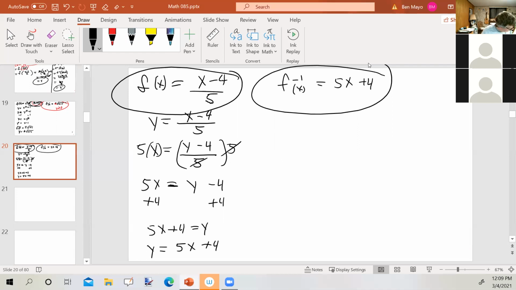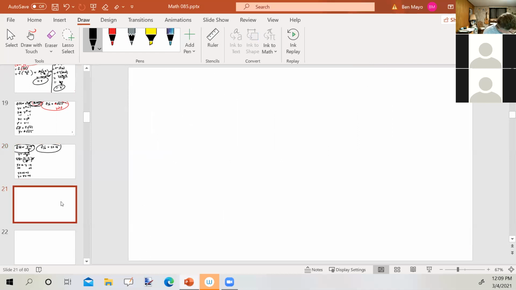Let's see here. f of x equals 3 over x cubed minus 1. Step number 1, replace f of x with y. Step number 2, interchange x and y.